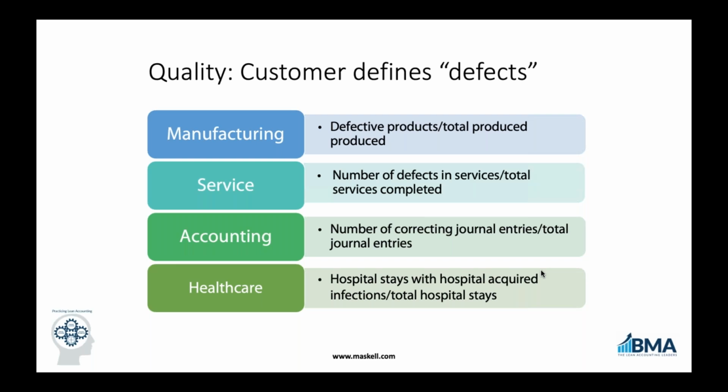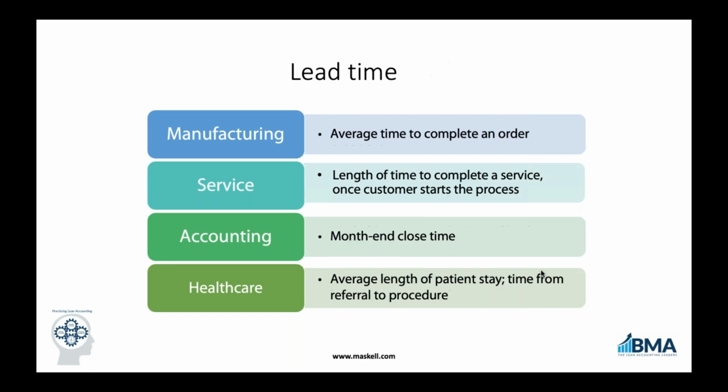Okay, manufacturing, if you're talking about the form, the ability of a product to do what it's intended to do, that's sort of a yes or no answer. It works or it doesn't work. So it's important to really define defects and begin measuring them, because the tendency is just to fix them.